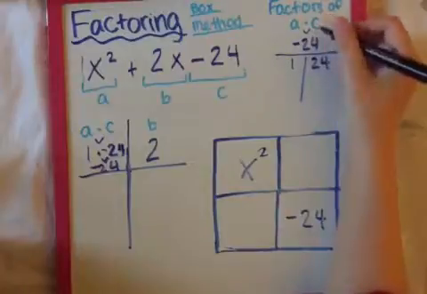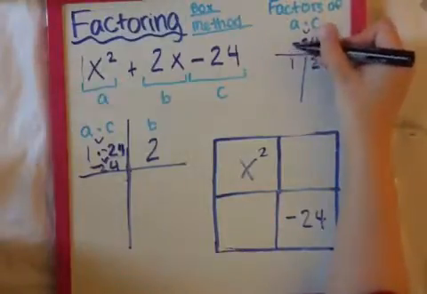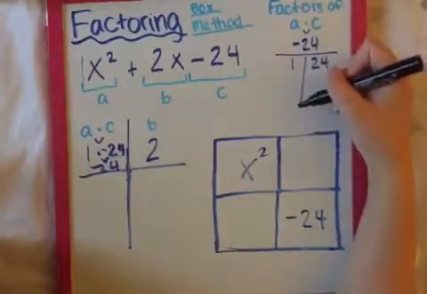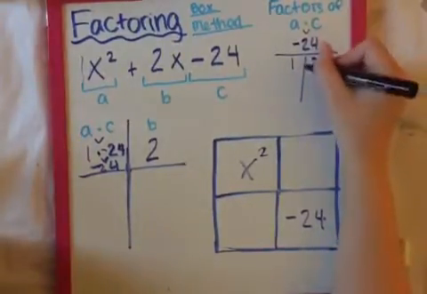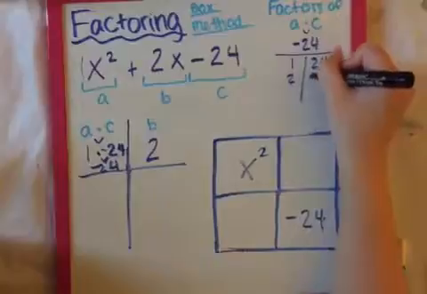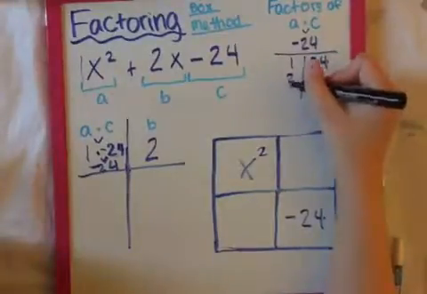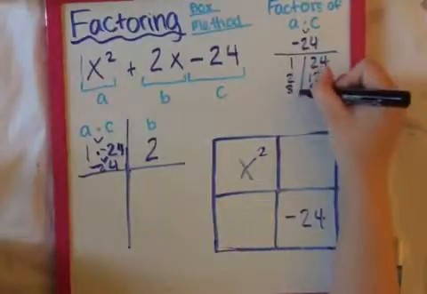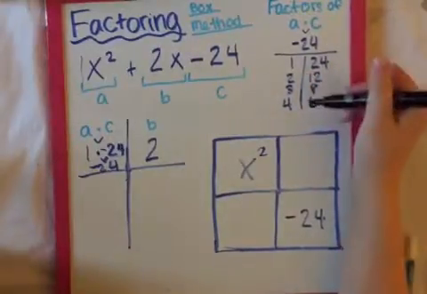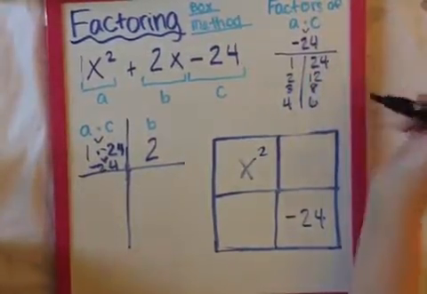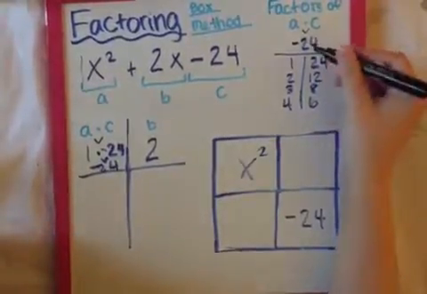And I'm not going to worry about the negative right now. We'll get back to that later, but let's just list the factors for 24. So we have 2 times 12, we have 3 times 8, and we have 4 times 6. And so each of these will give us negative 24.